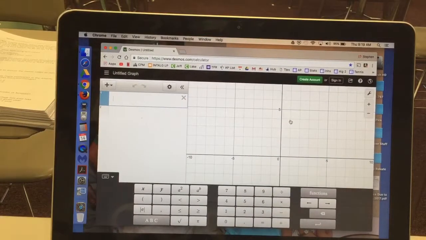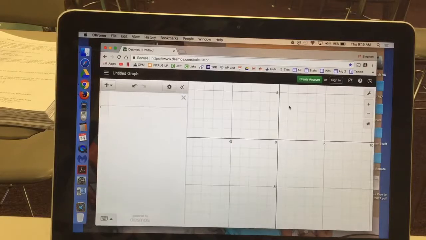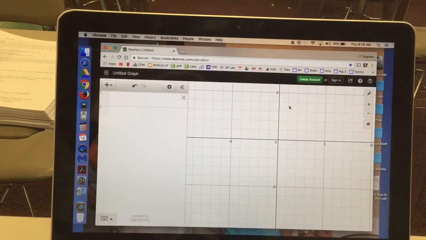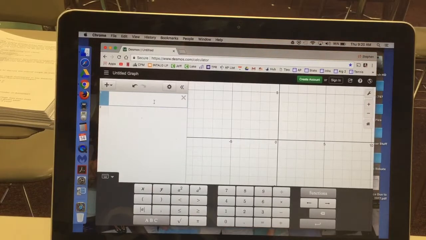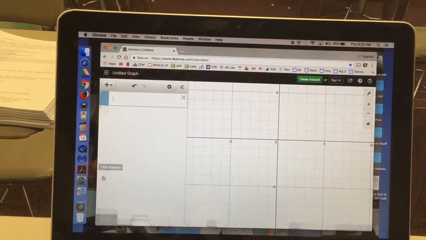Now, this is a graphing calculator that's built in to your computer, it's online. So what you would do is click on that first blank in the upper left-hand corner, and you're going to type in the first equation. You'll notice there's a keyboard on the bottom. If you click on this keyboard to the left, that hides and shows the keyboard.